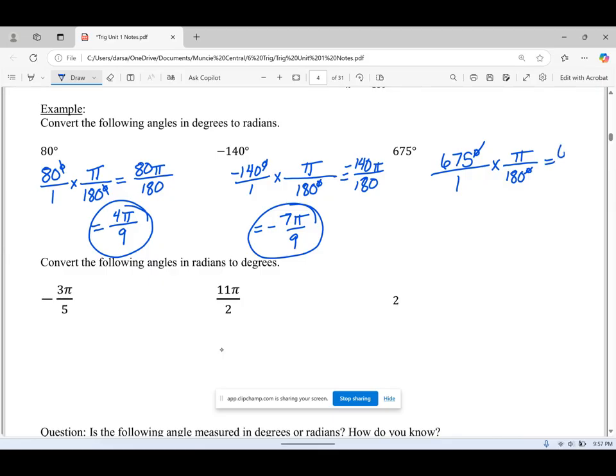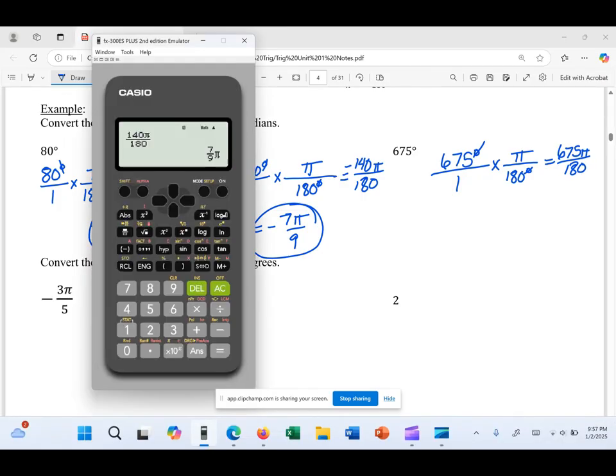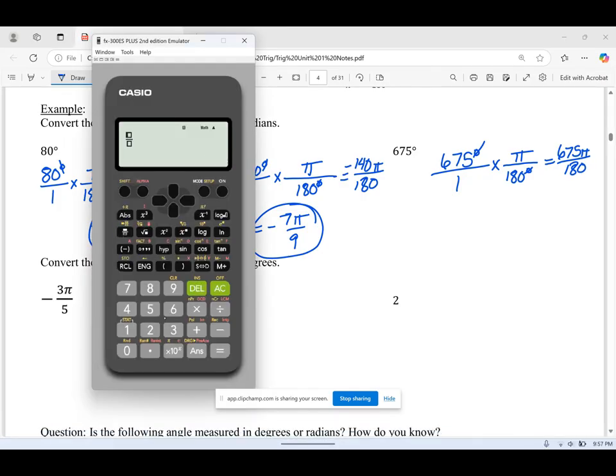Degrees cancel. We get 675 pi over 180. Put that into our calculator. And we get 15 pi over 4.